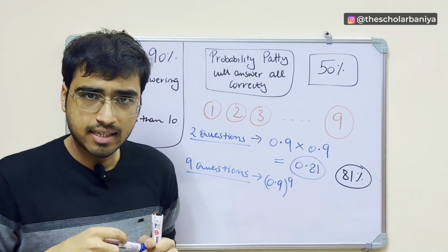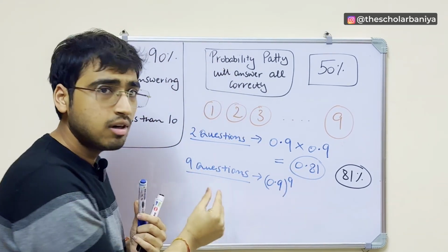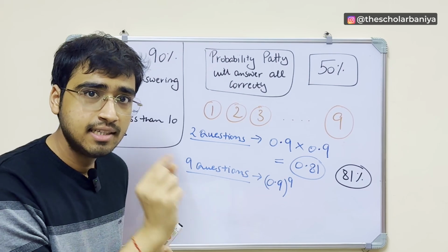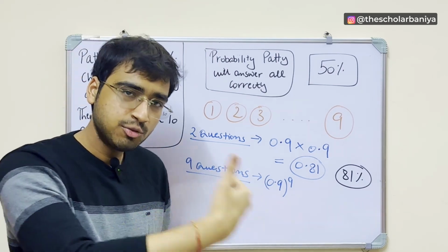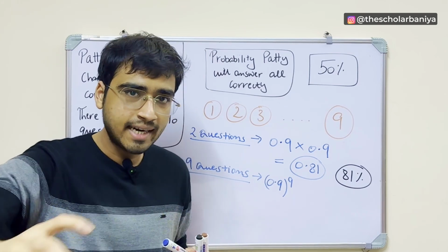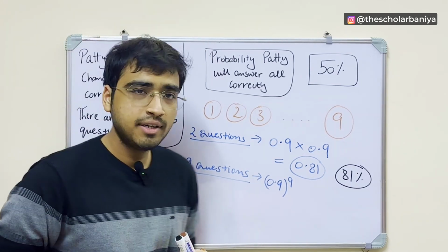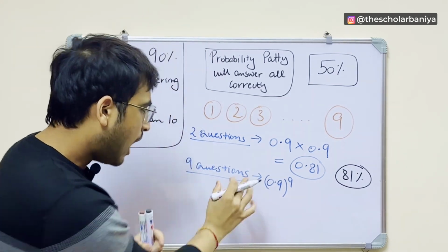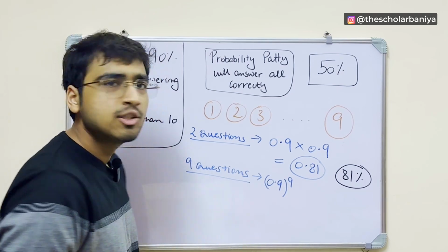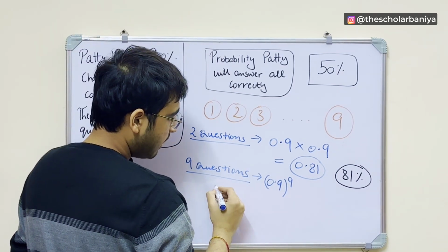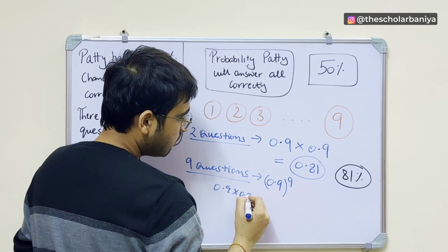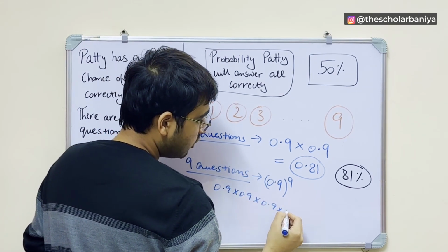I hope this makes sense, because for every question the probability of answering correctly is 0.9, and there are 9 questions. So 0.9 into 0.9 into 0.9, you have to do this 9 times. So that will give you 0.9 to the power 9. Now, if you actually try solving this, right? If you multiply 0.9 into 0.9 into 0.9 into 0.9.